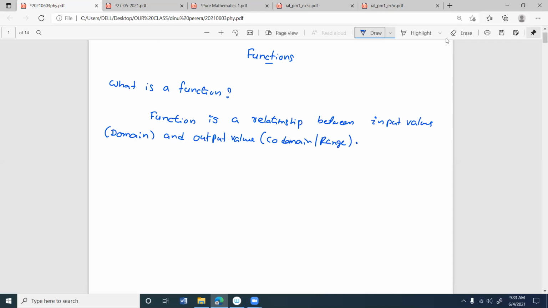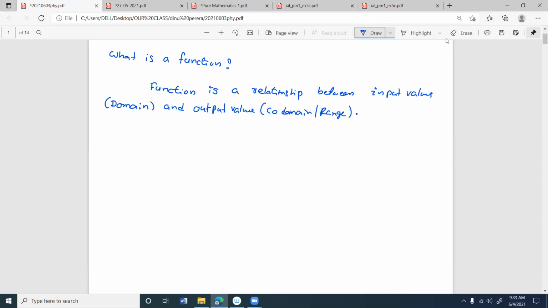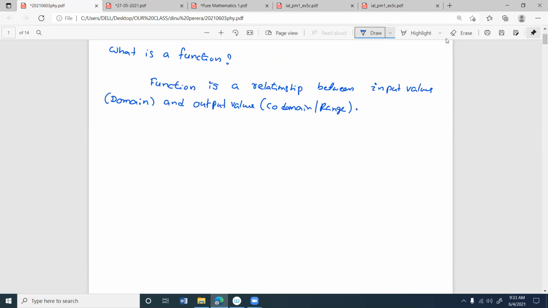There is a slight difference between codomain and range, but we use the term range in our syllabus. For example, the relationship is represented by f(x) = 3x. Now we get some input values: -2, 1 and 3.